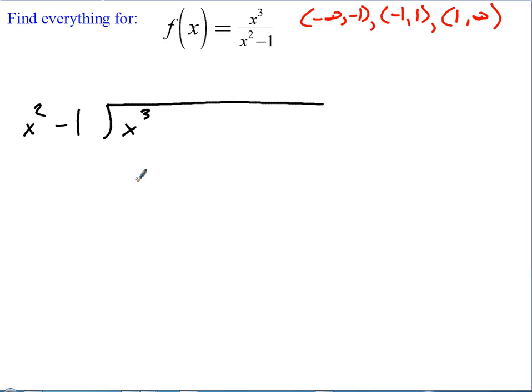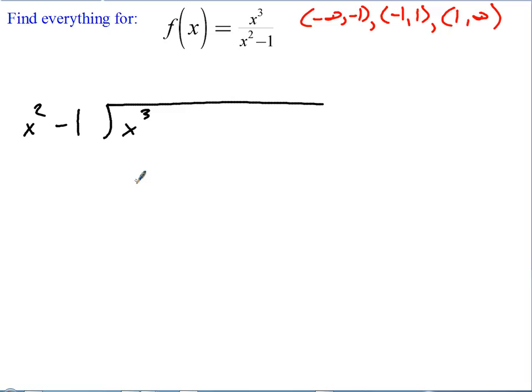So how do I do this? 1 times x squared equals x to the third. Okay, good. We're always just going to look at the quotients of the leading terms, right? So we're going to take the leading term outside and divide it into the leading term inside. Now, there's only one term in the numerator, but what if there were a whole bunch? There could be, right?